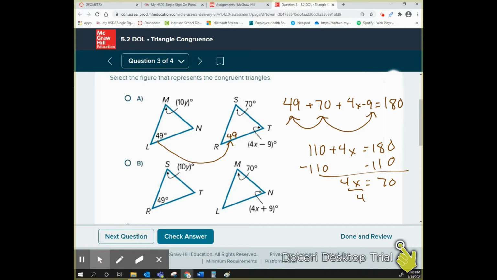And then when I divide by 4, I would get that x equals 17.5. I can just plug that into a calculator to get that answer. But again, I just showed the work if A is the right answer. If A is not the right answer, we can't do that.